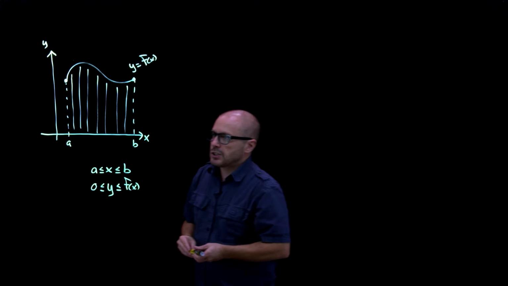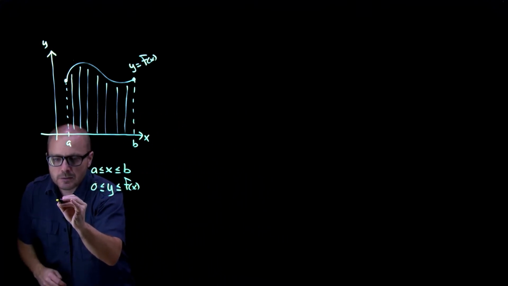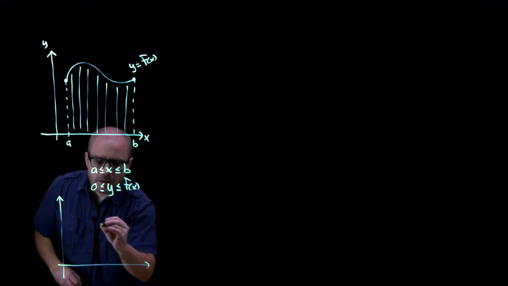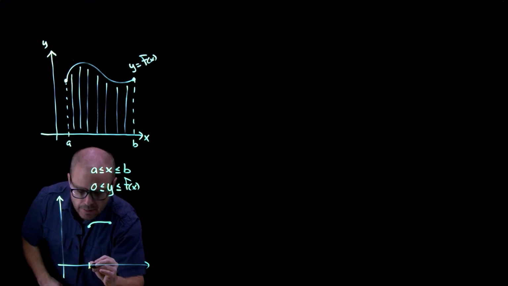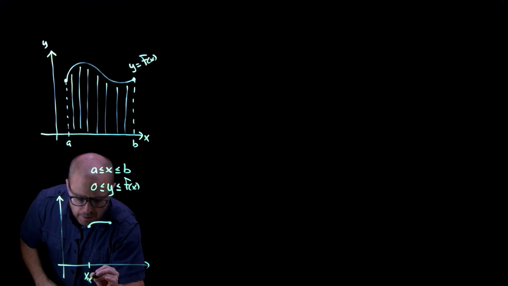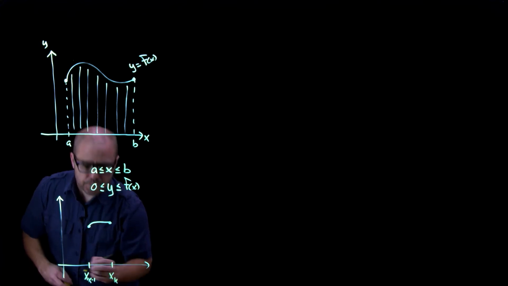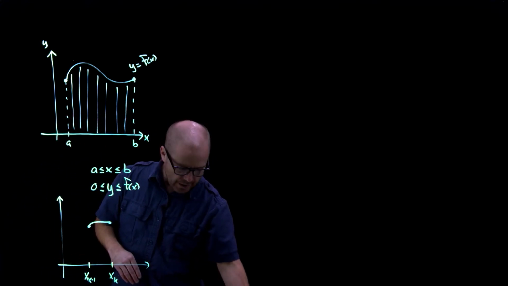But what was the geometry? Then if we just look at one piece, one little section of that would run from some x sub k minus 1 to some x sub k. And then you picked some point in between there to be the height.